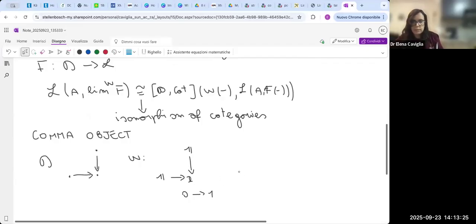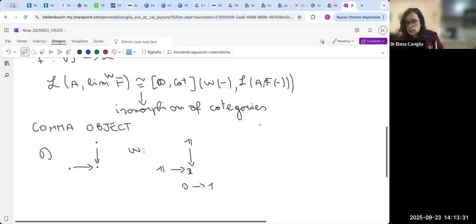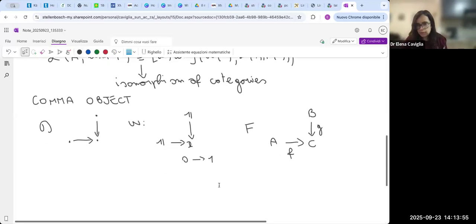And now, what happens is we want to compute the limit of F. So F will send D into the same shape, but in the 2-category L. Let's say that the shape is this. So we have F and G, like this. Okay, so this is our F.